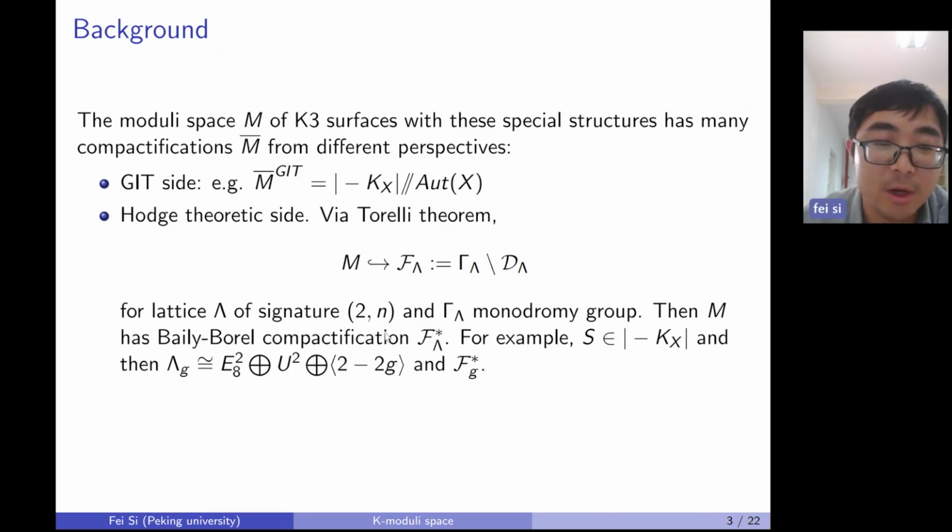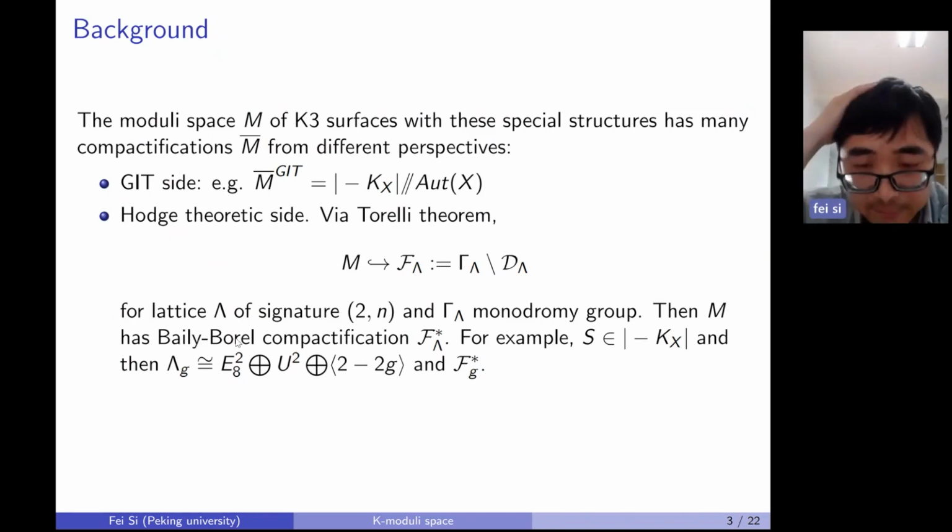So it has well-known compactifications known as Baily-Borel compactifications from the arithmetic side, because in this case this locally symmetric variety will be the complex points of a so-called Shimura variety. So they have some compactifications from the arithmetic side. This is the Baily-Borel compactification.